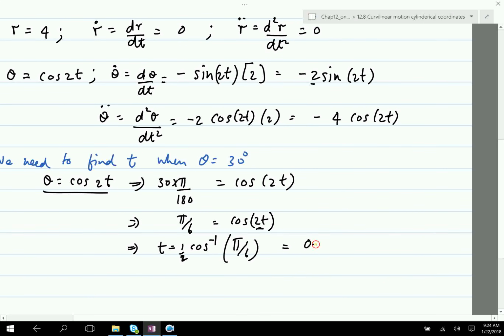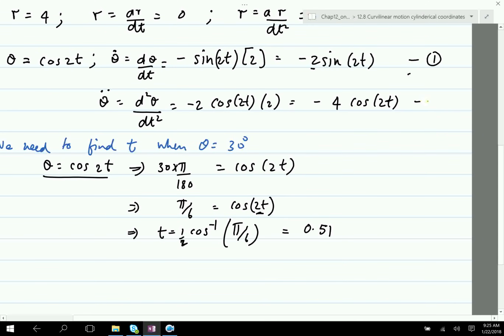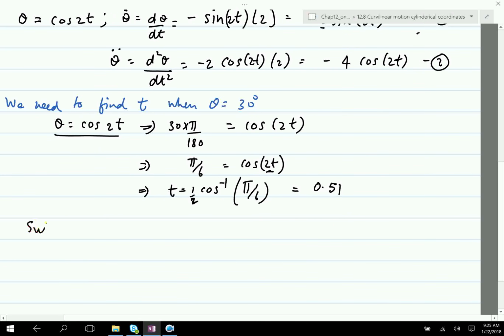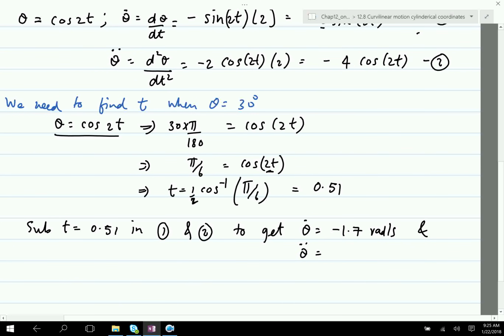So this gives me t is 0.51. So what I can do is sub t equals 0.51 in 1 and 2 to get theta dot equals minus 1.7 radians per second, and theta double dot equals minus 2.09 radians per second square.